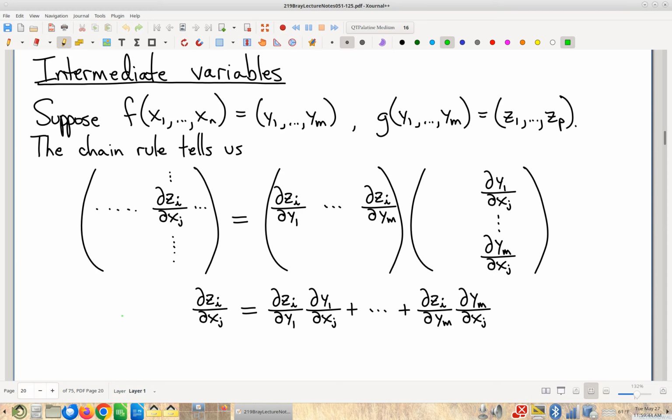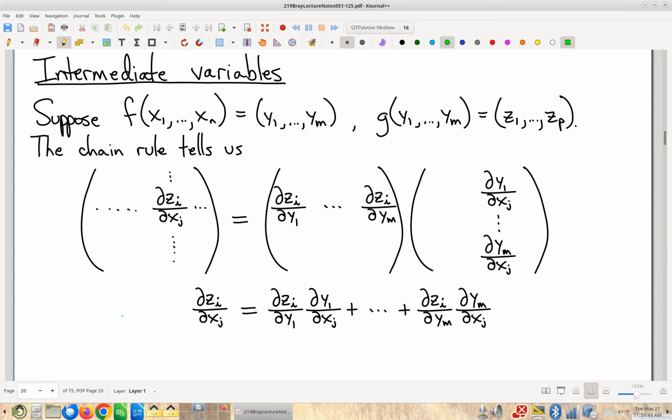So here's the big punchline. If you are interested in this partial derivative, orange with respect to green, this path of propagation is the key.